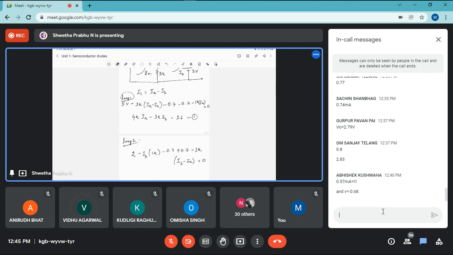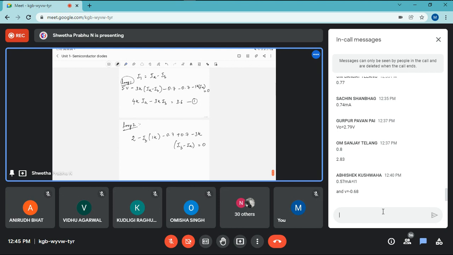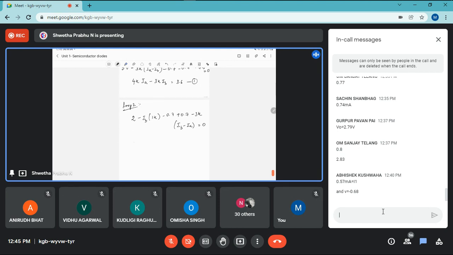Now if you solve this, you will get 4K into IB minus 3K into IA, that is equal to 2. Take this as equation number 2. Solve both the simultaneous equations and tell me the IA and IB values.